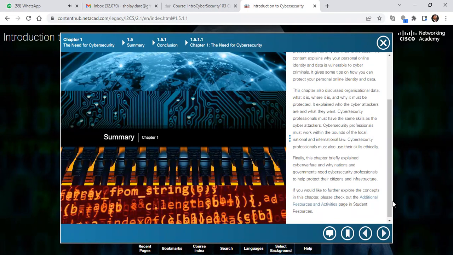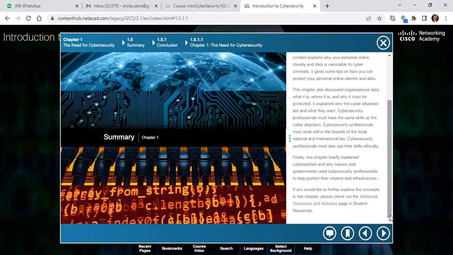For everything you do, you must follow the international standard law of a cybersecurity personnel. A cybersecurity professional must also use their skills ethically. This is very important. Finally, this chapter briefly explains cyber warfare and why nations and governments need cybersecurity professionals to help protect their citizens' infrastructure.